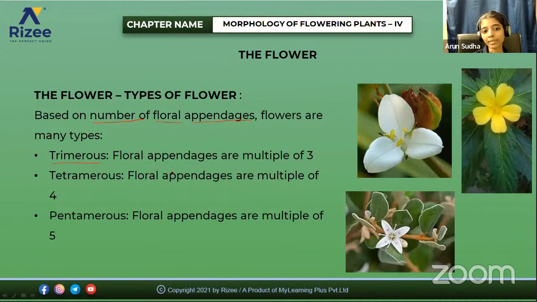In the case of tetramerous, the floral appendages are in multiples of 4. In the case of pentamerous, the floral appendages would be in multiples of 5. So based on the number of floral appendages, the flowers can be classified. This is the second type of classification. First we saw the type of symmetry, then this classification is based on the number of floral appendages.